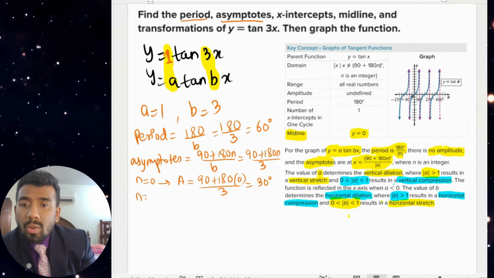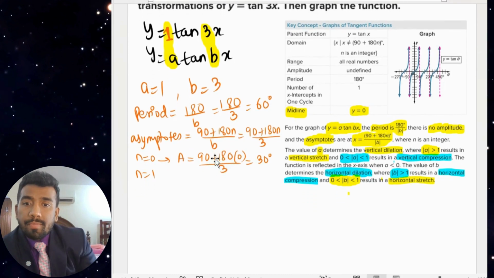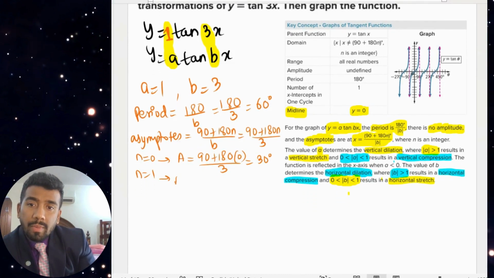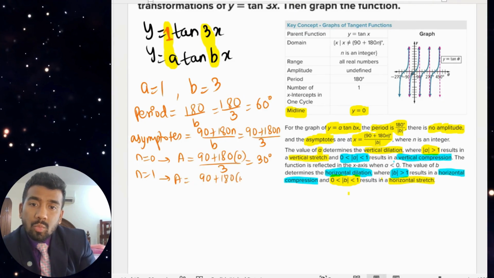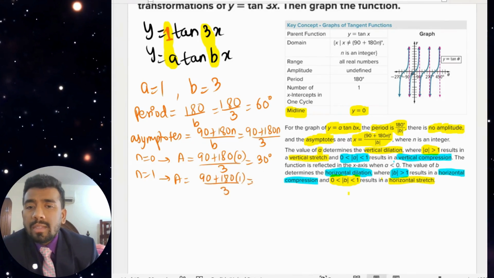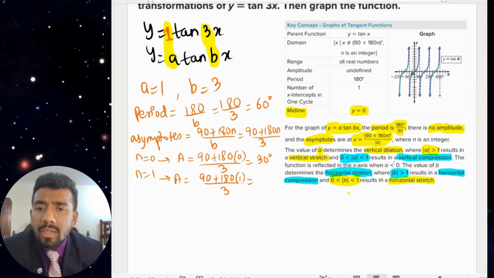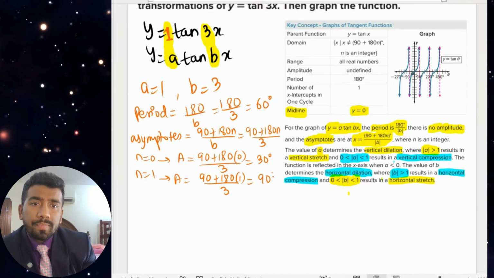And when n is 1, what will it be? 90 plus 180 times 1 over 3. I think 180 plus 90, that's 270. 270 over 3, I think it's 90.